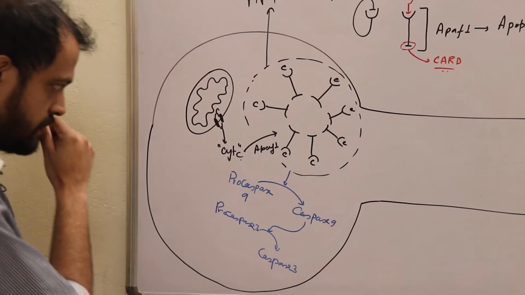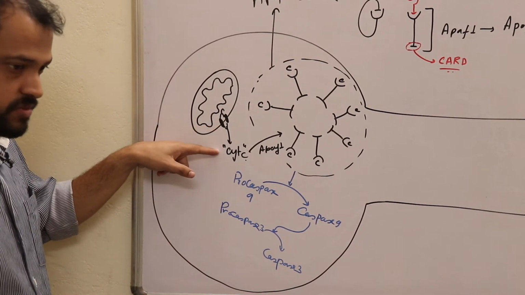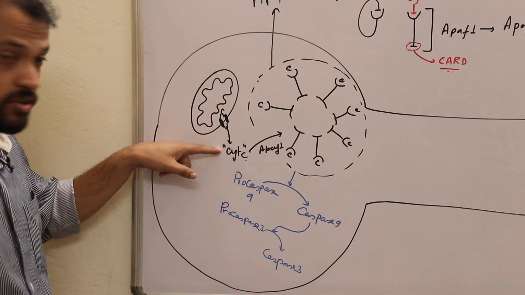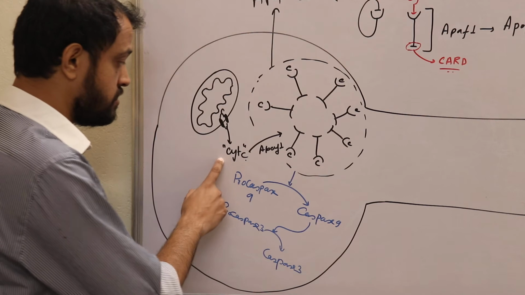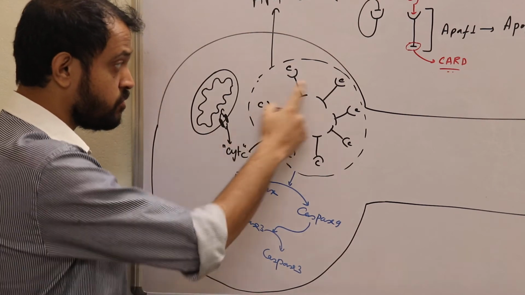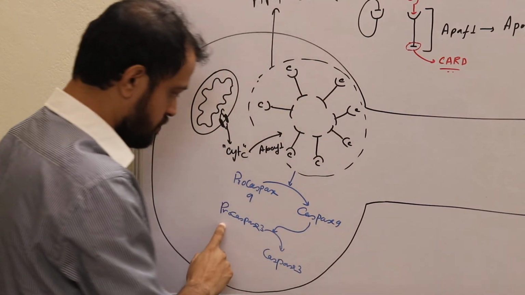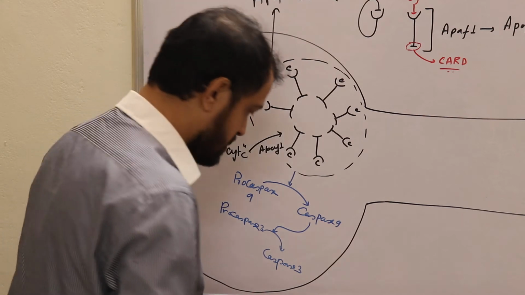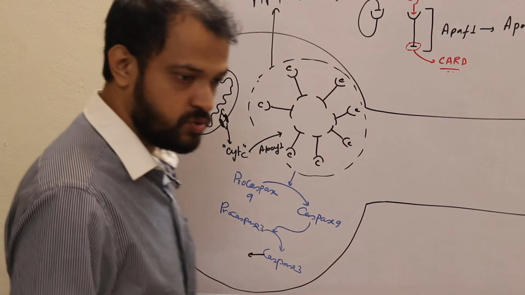Okay, that means after the release of cytochrome C, we have already discussed how this cytochrome C comes into the cytoplasm. After cytochrome C comes out, the apoptosome is formed, and the apoptosome converts procaspase 9 to caspase 9 and procaspase 3 to caspase 3, and this caspase 3 does a very basic thing which is actually killing the cell.